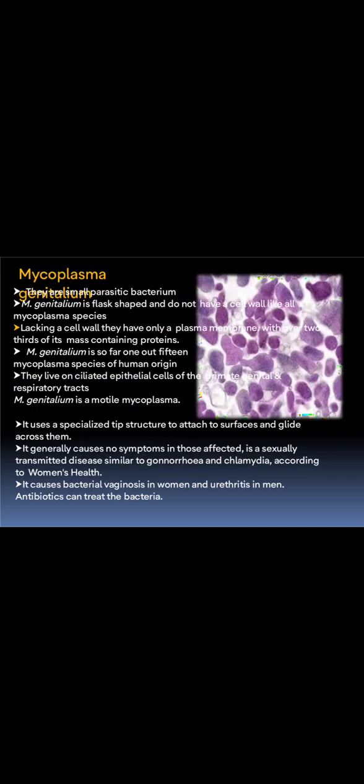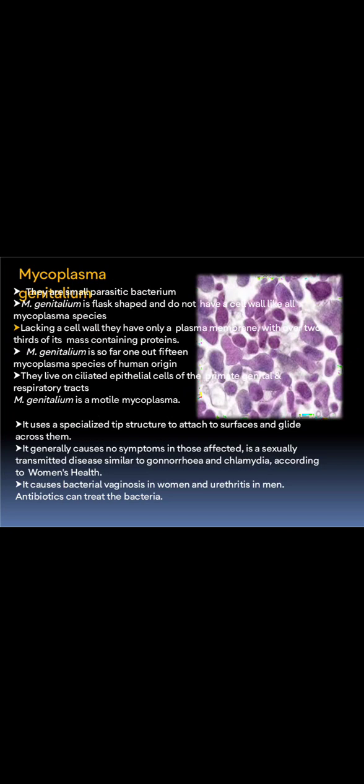Next one is Mycoplasma genitalium. This is a parasitic bacterium, flask shaped, and it doesn't have a cell wall like other Mycoplasma species; they have only a plasma membrane. This is 1 out of 14 Mycoplasma species of human origin, and they live on ciliated epithelial cells, and it's motile.